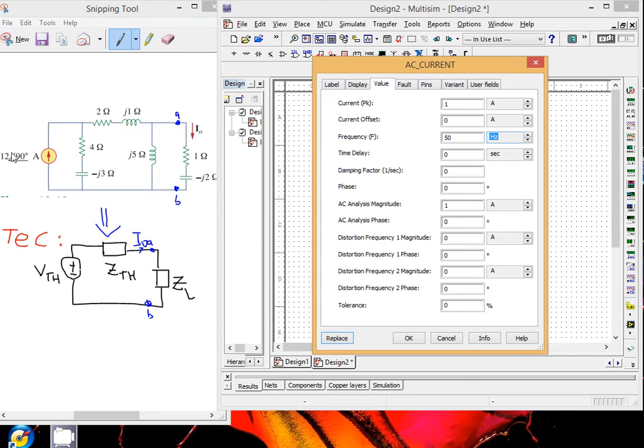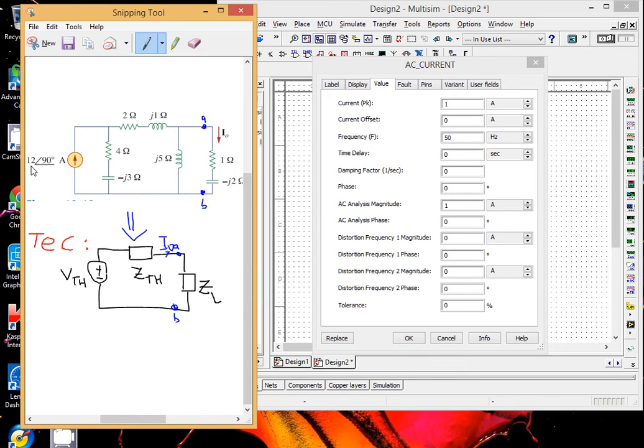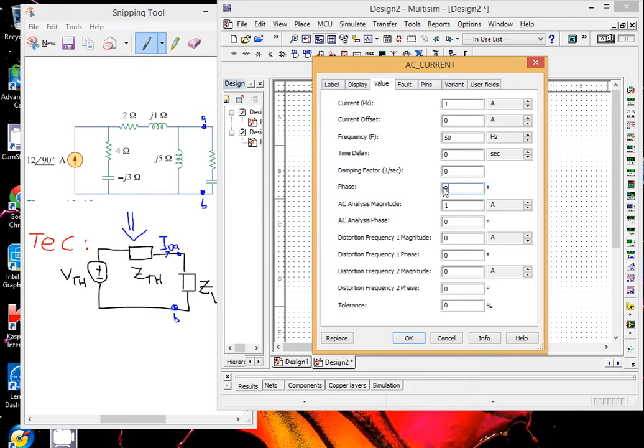And then since we have the value of current is 12, angle 90. So the angle is 90. This value should be the RMS value.